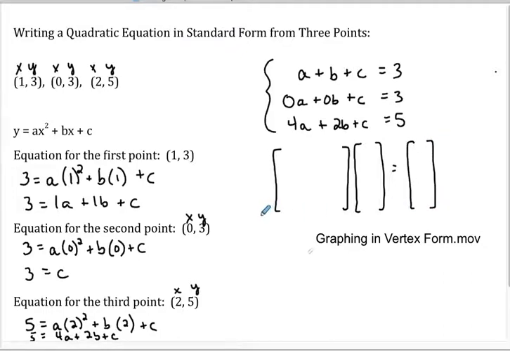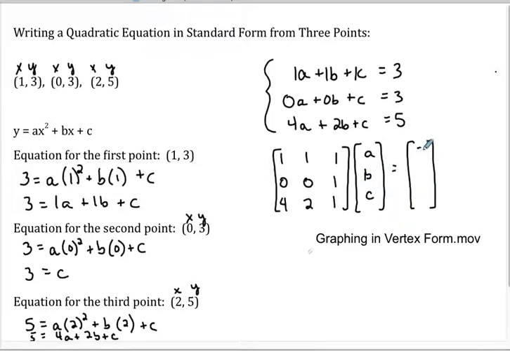So here my coefficient matrix, my first row would be 1A, 1B, 1C, so 1, 1, 1. My second row would be 0A, 0B, 1C, so 0, 0, 1. And my third row would be 4A, 2B, and 1C. So there's my coefficient matrix. My variable matrix is ABC.